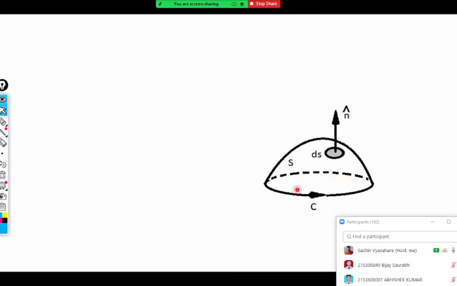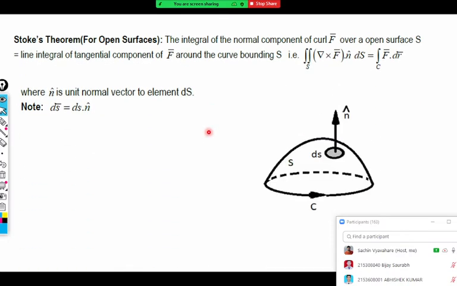So when the surface is open, it has a boundary, and that boundary is C. And now Stokes theorem tells us the relation that the single integral over this boundary is equal to a double integral over that surface. Let me show you that relation. So here is the statement of the Stokes theorem.